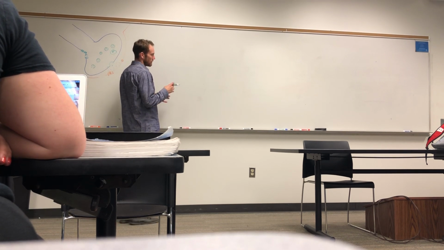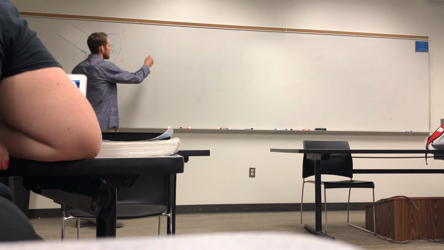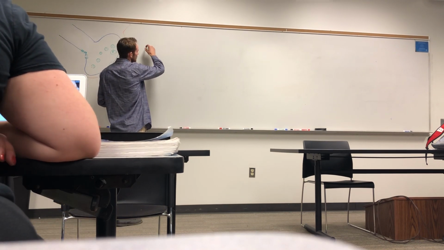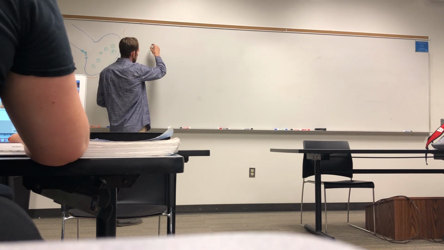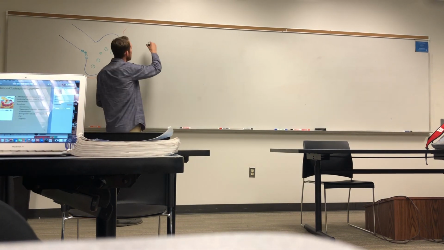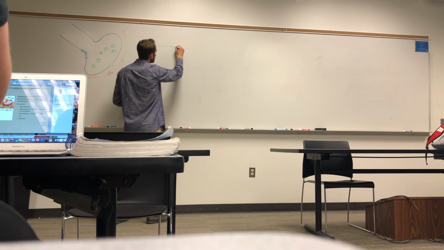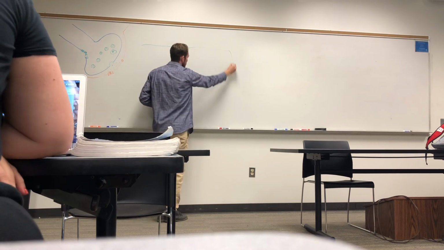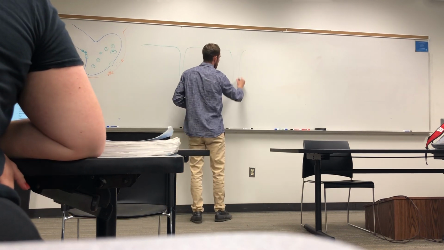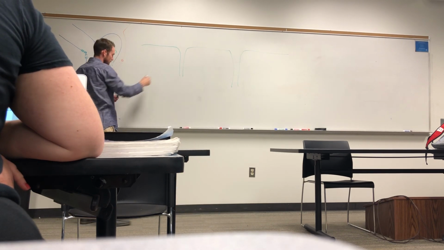So let's talk about some structures of the muscle cell that we haven't touched yet. The outside cell membrane of a muscle is called the sarcolemma, the sarcoplasmic membrane. That membrane has these invaginations called T-tubules, which are going to go down into the cell.